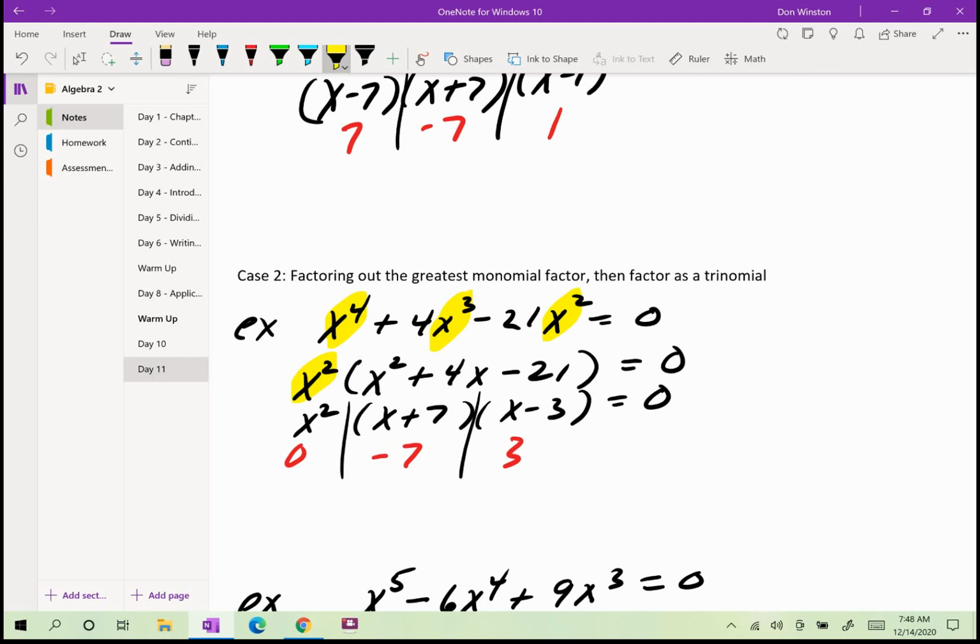And that leaves me then x squared plus 4x minus 21, which I factor as a trinomial. Factors of negative 21 that add up to positive 4 is a positive 7 and a negative 3. So here I have all three factors. I have x squared, x plus 7, and x minus 3. And so my zeros would be 0, negative 7, and 3.